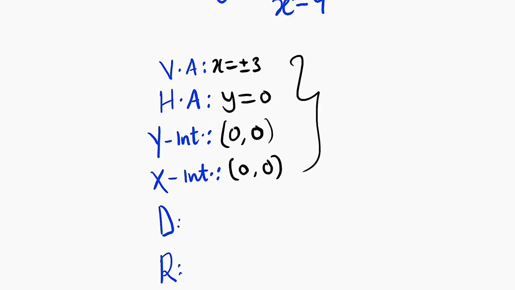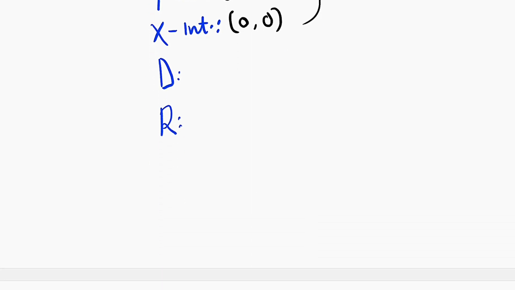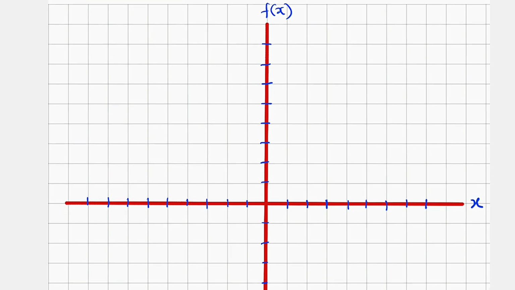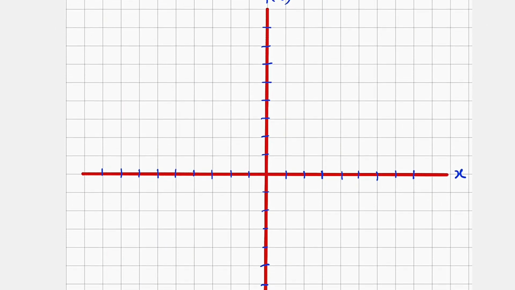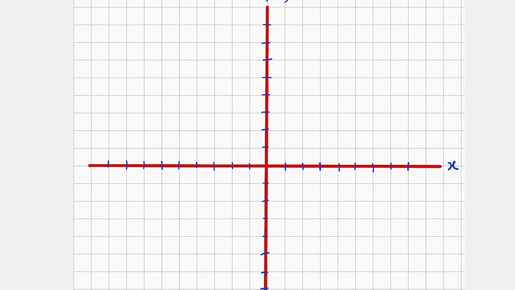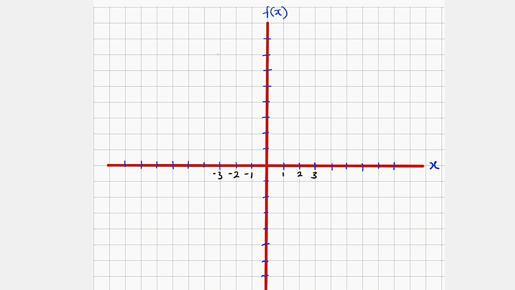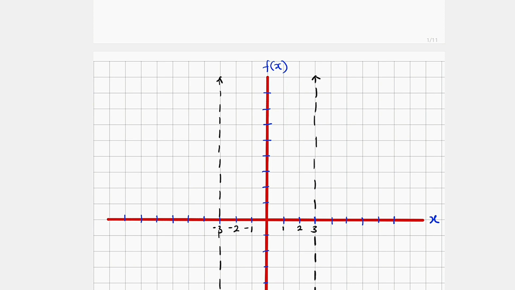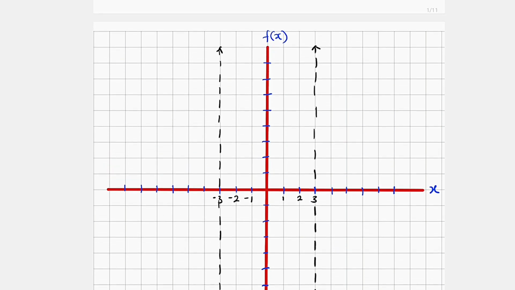Let's start plugging in the vertical asymptote and horizontal asymptote. So here is our graph. Our vertical asymptote is at x equal to negative 3 and x equal to positive 3. All right, this is our vertical asymptote.